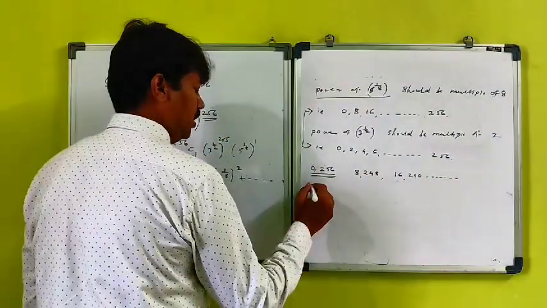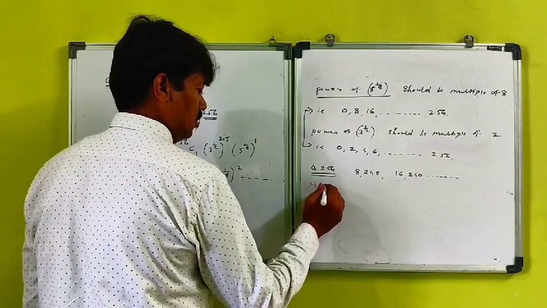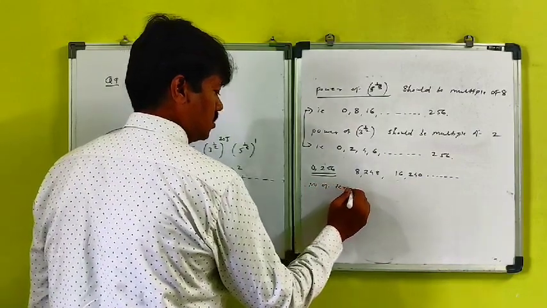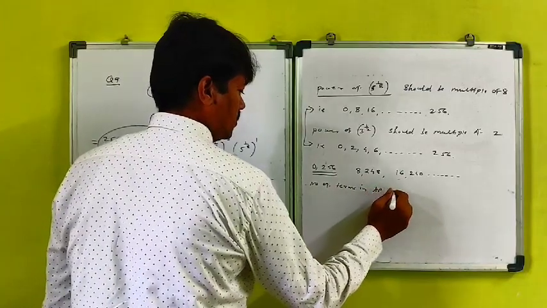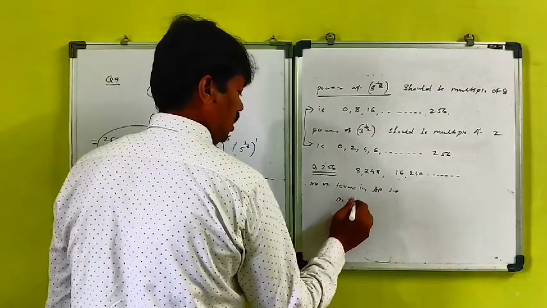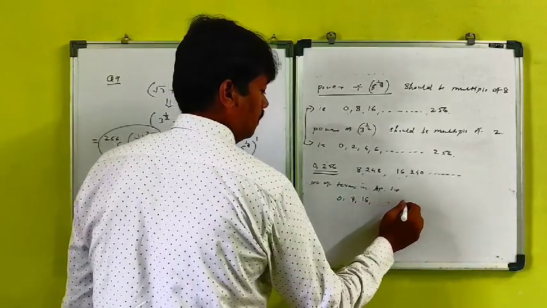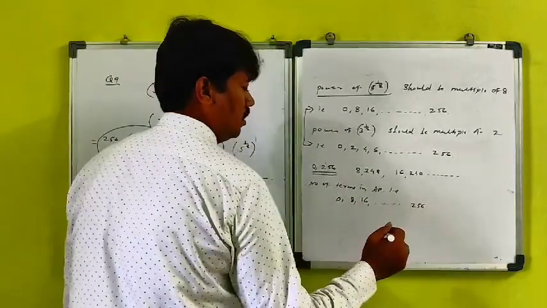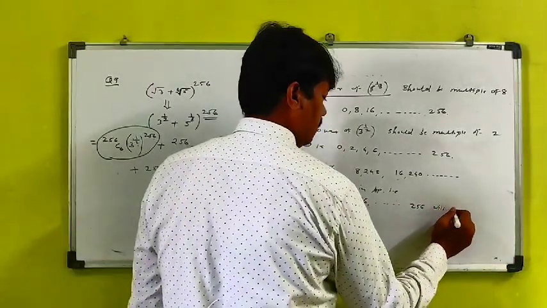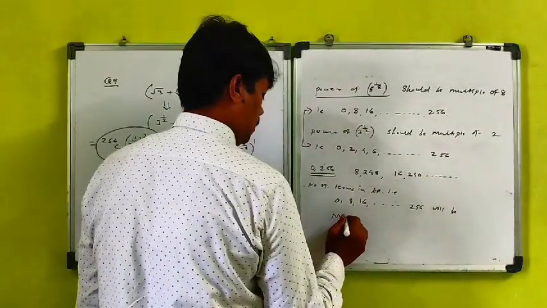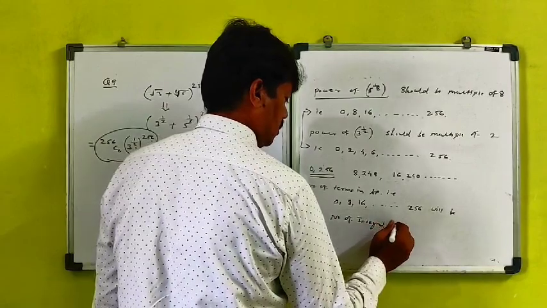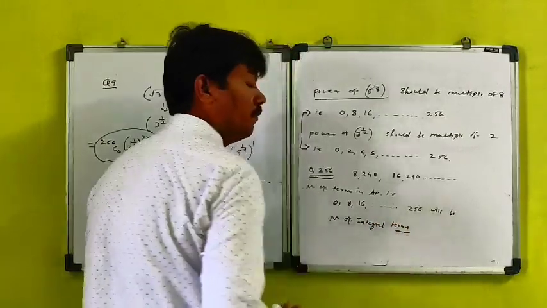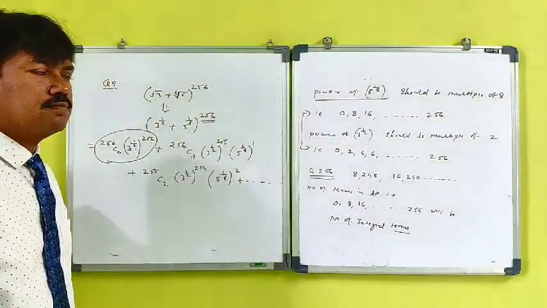The number of terms in the AP, that is 0, 8, 16, up to 256, will be the number of integral terms.